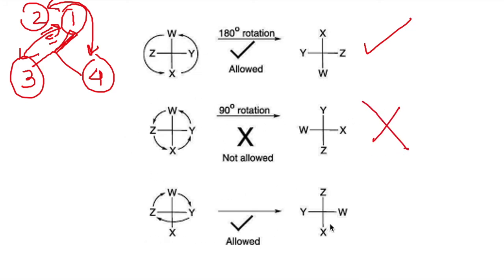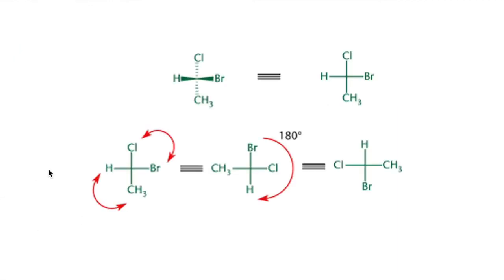And then what you can do is, if you keep that one right there, you could rotate 3 of them. Here they are rotating it clockwise. Here I'm rotating counterclockwise. It doesn't matter. So again, you can swap 2 of the groups, or you can do 180 degrees, and all of that will give you the same molecule back.